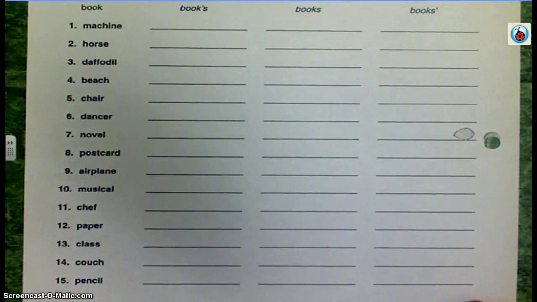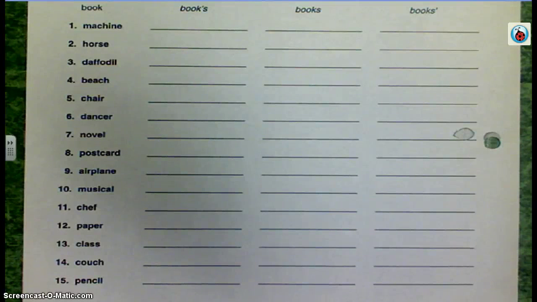And we're going to do the same thing. Number 1, machine. Number 2, horse. Number 3, daffodil. Number 4, beach. Number 5, chair. Number 6, dancer. Number 7, novel.